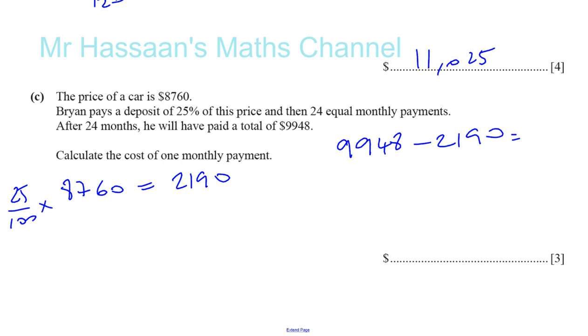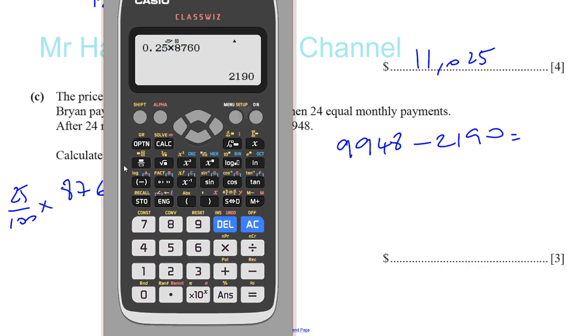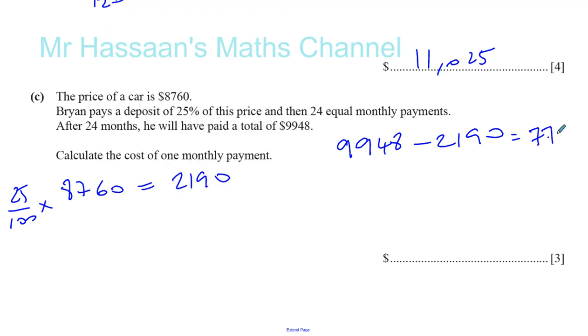That's how much he's got left to pay after paying the deposit. So 9,948 minus your answer from before gives you 7,758. So 7,758 is how much he's got left to pay.